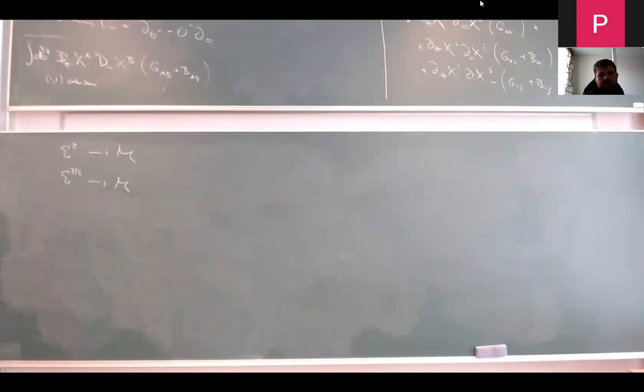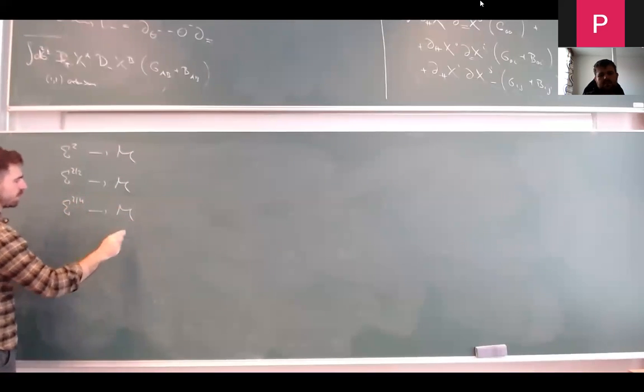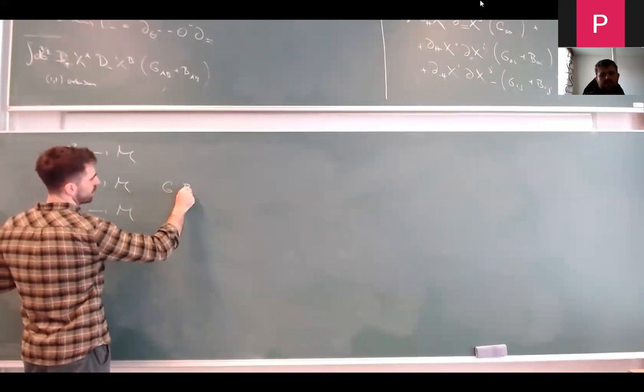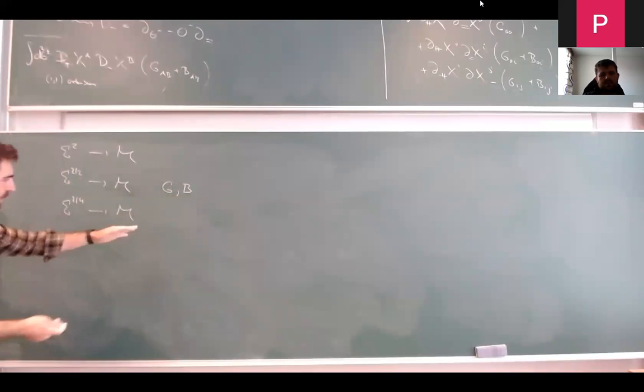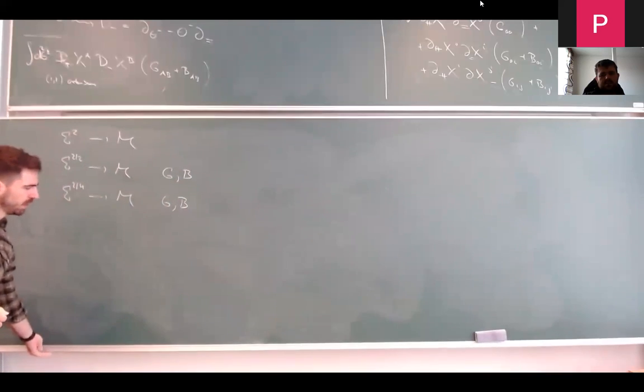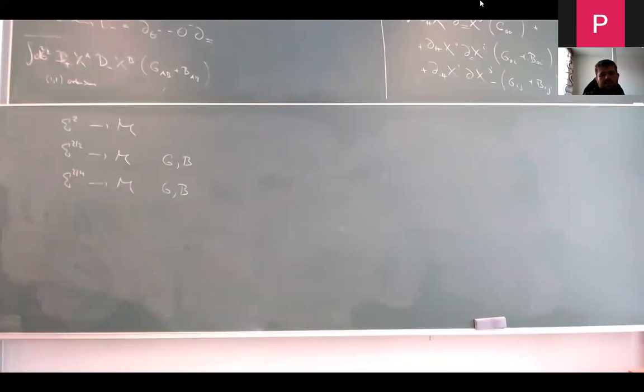But now if I want to proceed further and have more supersymmetry, the target space geometry will be restricted. What I mean is that here I have the geometry covered by G and the B field also, but these will be of some special form.